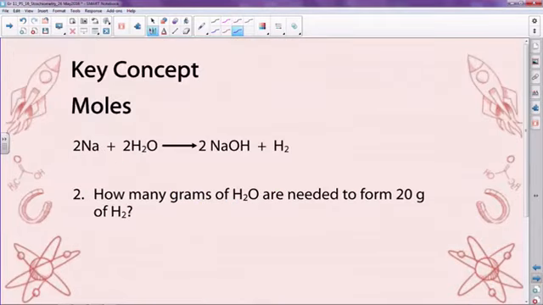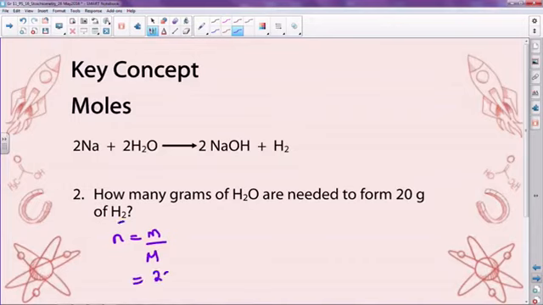Right. Next one. How many grams of water are needed to form 20 grams of hydrogen? This is going to be exactly the same concept. I'm going to do it with you quickly, and then we're going to go on to a different type of sum. How many moles is 20 grams of hydrogen? Moles equals mass over molar mass. This is H2.